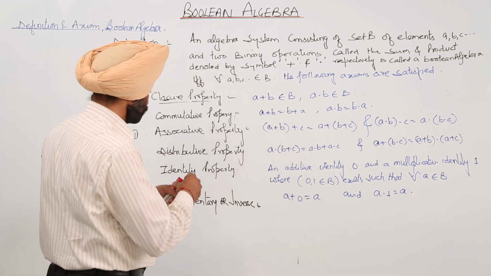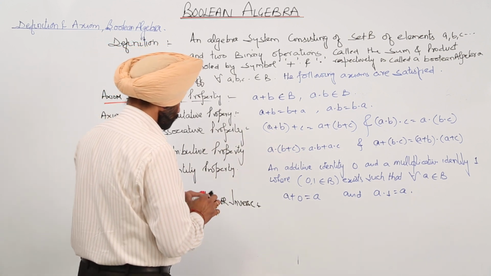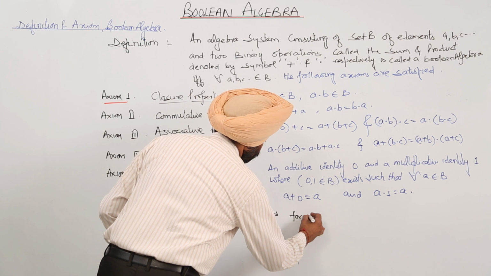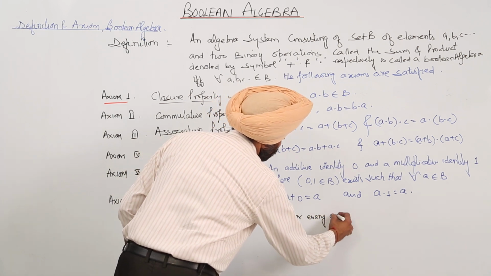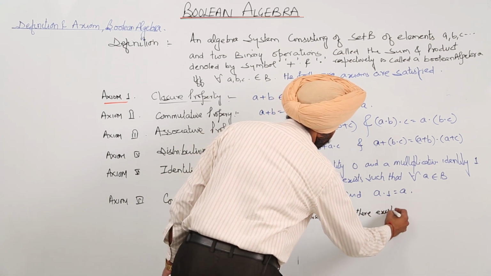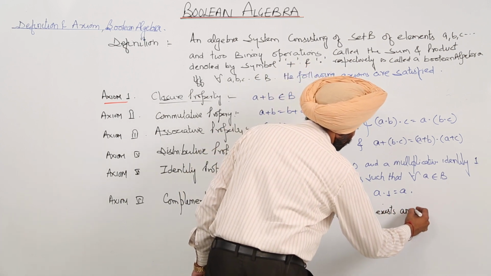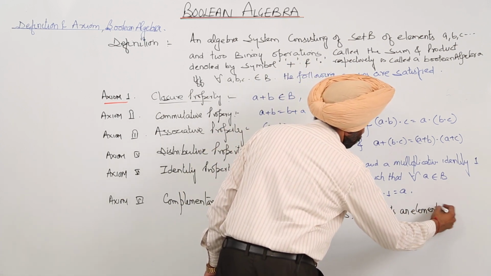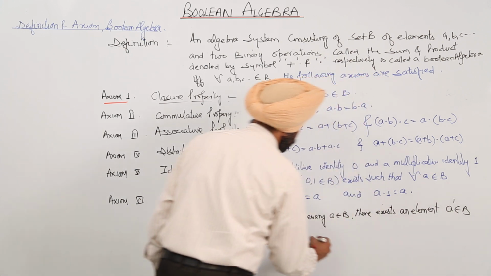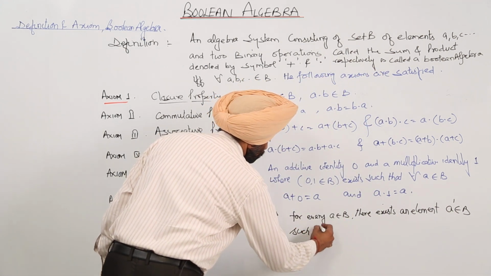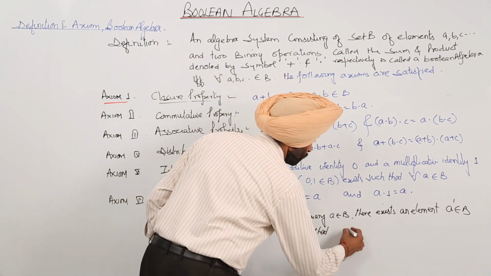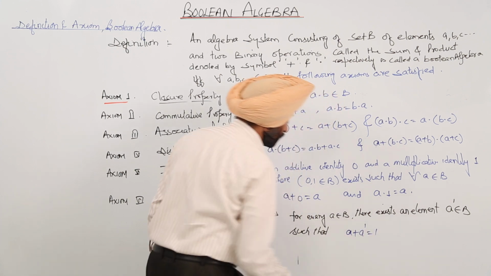Now, here for every A belonging to B, there exists an element A complement belonging to B such that A plus A complement is equal to 1.